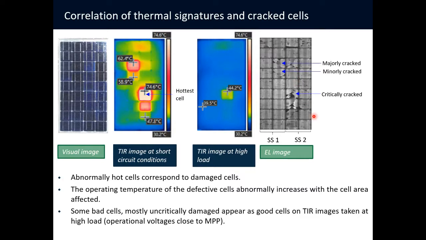And the critically damaged cell is still showing its abnormal thermal signature at high load. So the cell area affected matters for a significant mismatch to occur, and the area affected can actually be proportional to the operational temperature of the defective cell.